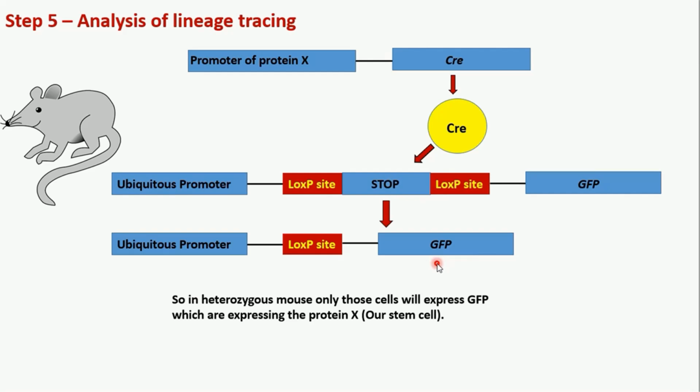Now I can easily say that every cell of the mouse contains the GFP coding sequence, but only the target stem cell is expressing GFP. Why? Because it has produced Cre, and Cre has removed the stop sequence, and once the stop sequence is removed, GFP is going to be expressed.